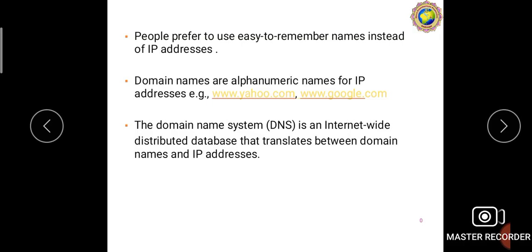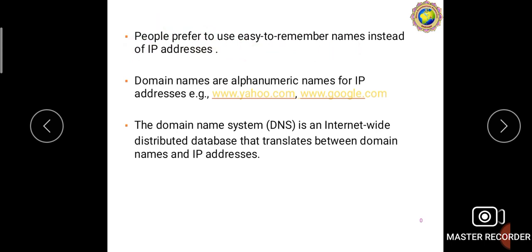192.168.1.0. Another example of an IP address is 191.167.0.0, and so on. This is a numerical IP address, and remembering this type of IP address is very tough. So people prefer to use easy-to-remember names instead of IP addresses.